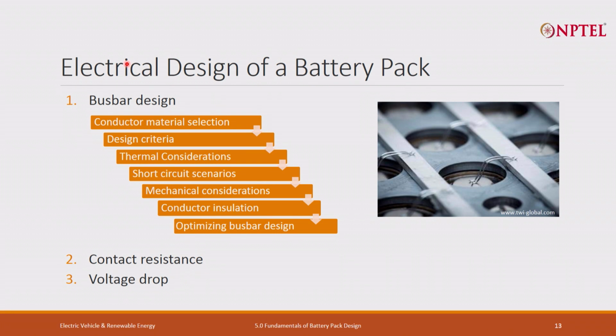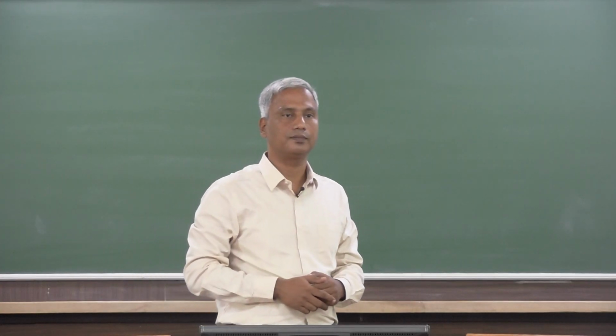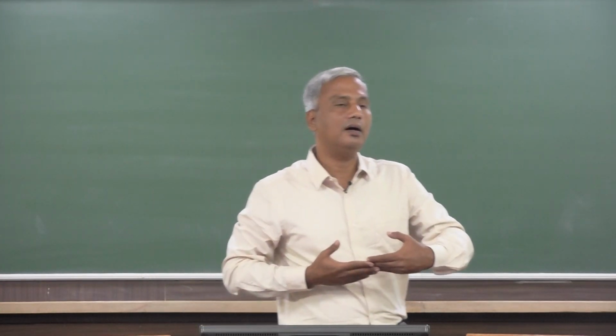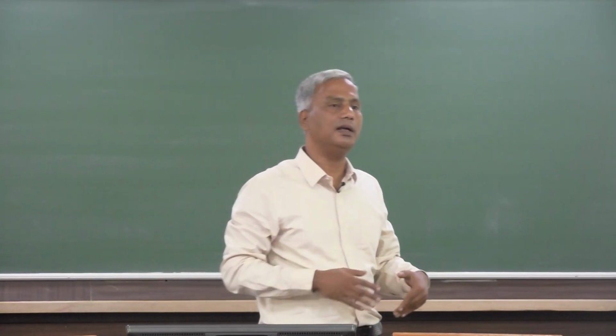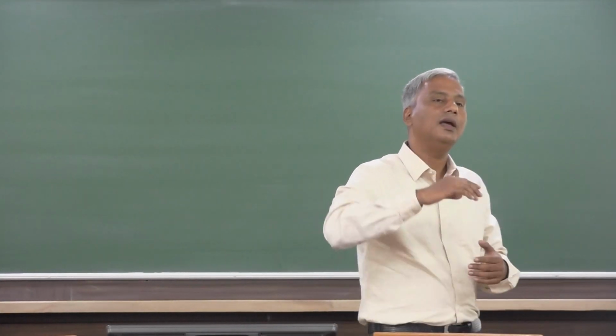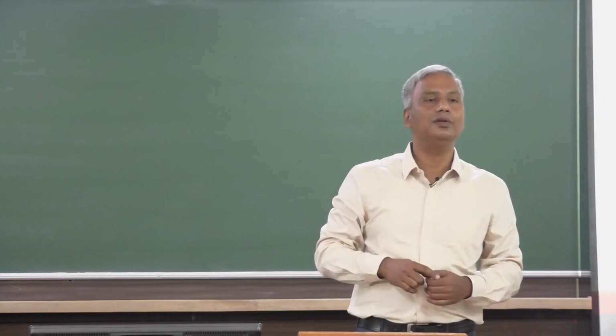Then the voltage drop. See what happens, lithium ion cells can run anything between 3 volt to 4.2, 4.3 volt. Now, at the higher side, even a 0.1 volt drop can bring the SOC down by 8 to 10%. If I have higher resistance, other than the problem of self heating and damaging the structure, it would also tend to reduce the voltage.